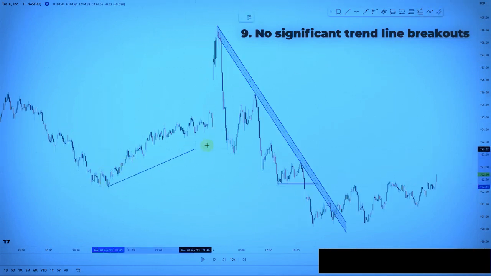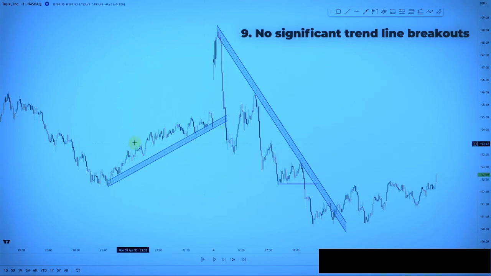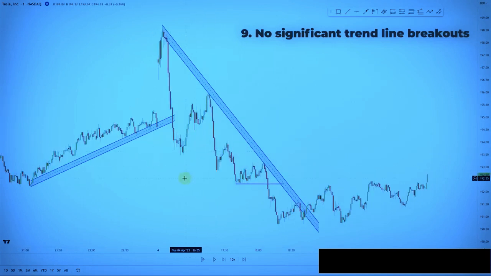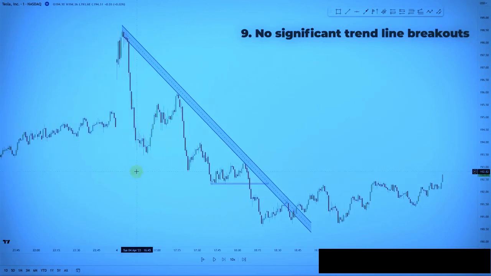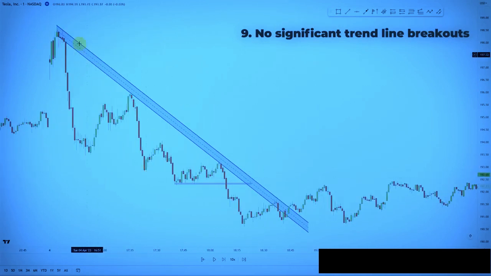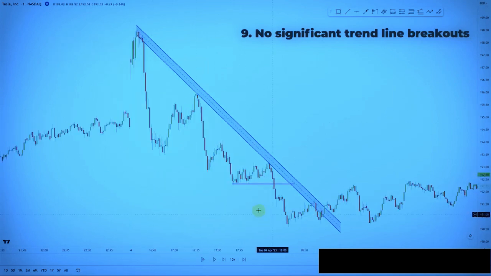When you draw trend lines in an uptrend, you draw them below the price, connecting the low points. At least 2 swing highs or swing lows are needed to draw a trend line in either direction. Now, a broken trend line is a technical signal that can suggest a change in trend, but in a strong trend, you don't experience breakouts of significant trend lines.